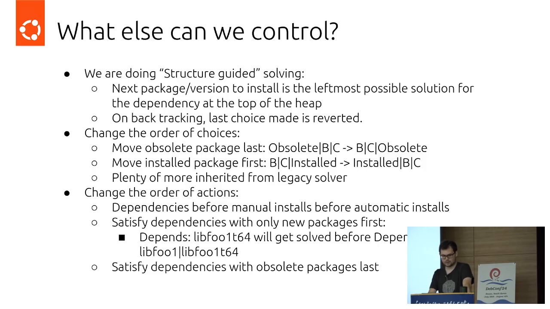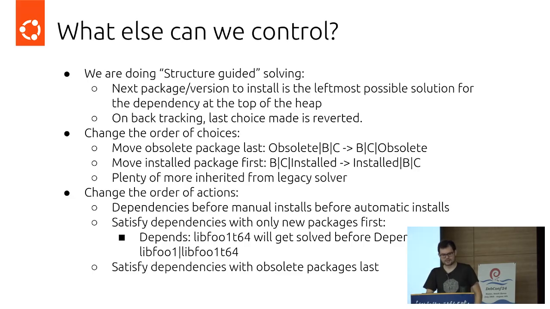So once we go back, we will first try to undo all the automatically installed packages before we ever go back to trying to undo a manually installed package, which will also allow us to allow you to remove manually installed packages with the new solver, and it will still behave in a reasonable manner, because it will only try to remove a manually installed package if there's no solution that involves removing an automatically installed package.